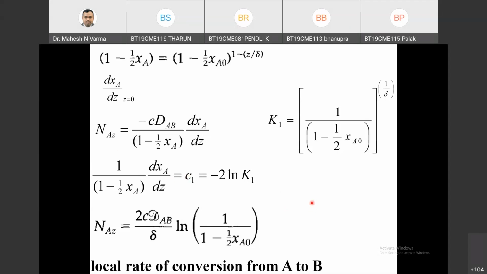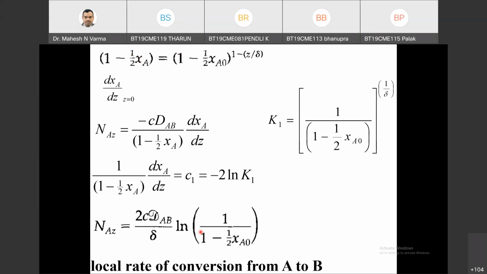If the reaction is fast, the controlling parameter is mass transfer. That is why you can see that there is no kinetic parameter in the concentration profile, and no kinetic parameter in the flux profile, because the reaction is already very, very fast. So overall design will be controlled by mass transfer. This is case 1.